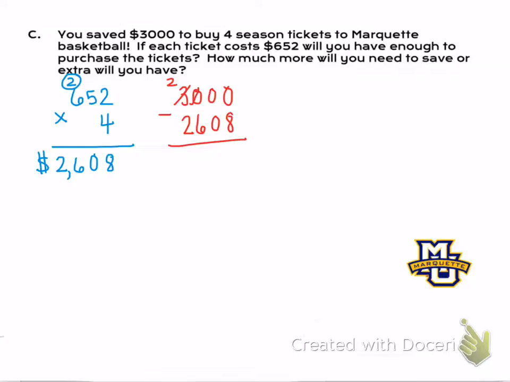This is going to become a 10, and then a 9, a 10, and then a 9, and a 10. 10 minus 8 is 2. 9 minus 0 is 9. 9 minus 6 is 3. So we have $392 extra dollars. When you write your sentence, you should be detailed. You should talk about how much it costs and how much extra you have.